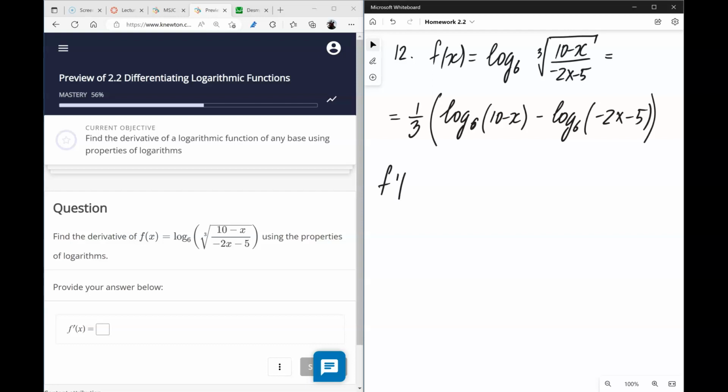Now to find the derivative, I'm going to take the constant outside and then differentiate one by one. Don't forget to multiply by the derivative of 10 minus x, which is negative 1. And here we have the same thing.